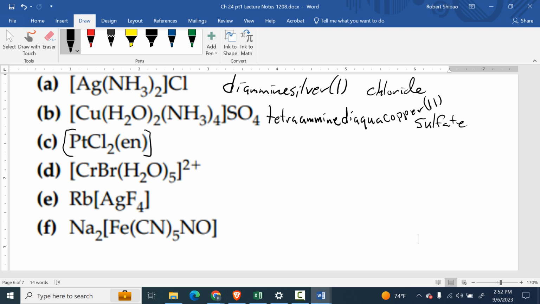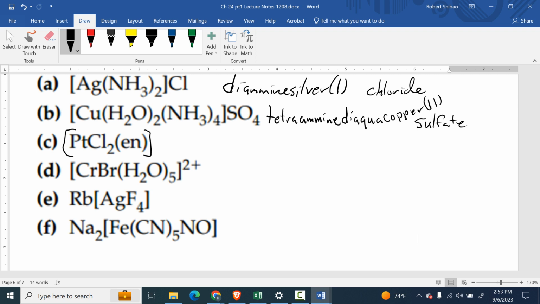It has a charge. What's the charge on chlorido? Minus is correct. And we have 2 of them, so that's minus 2. Therefore, the charge on platinum is plus 2.